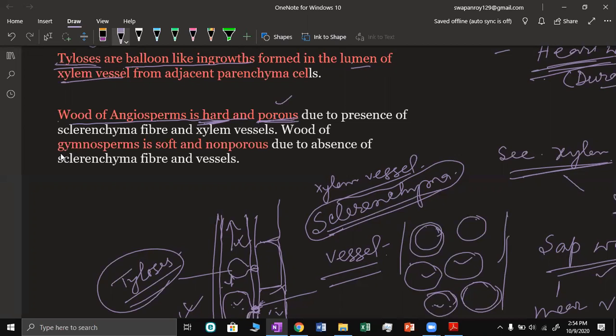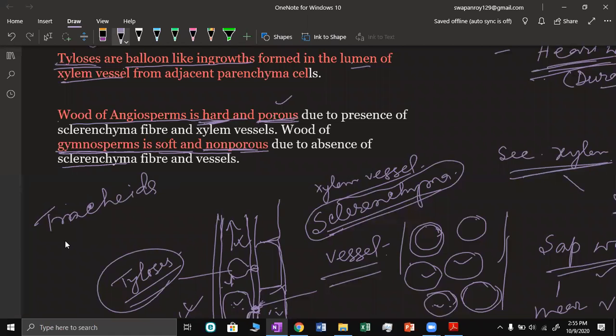But gymnosperm wood is very soft. You know this pine tree, this wood is very soft, very easy to work with, and this is because they have very little sclerenchyma. In their wood, only tracheids are there.